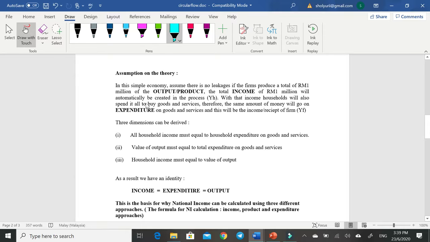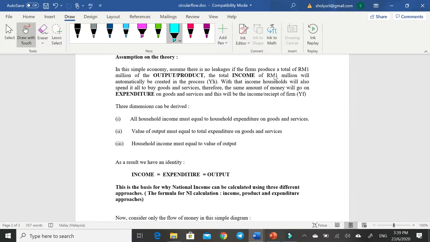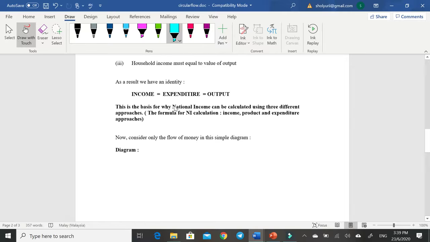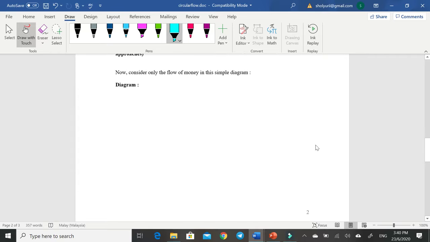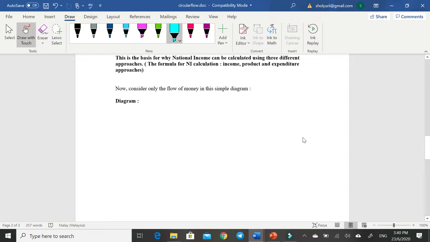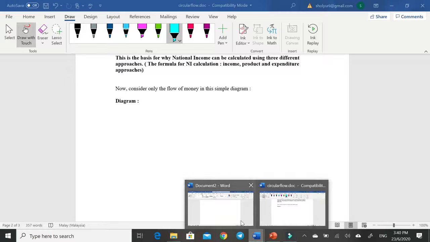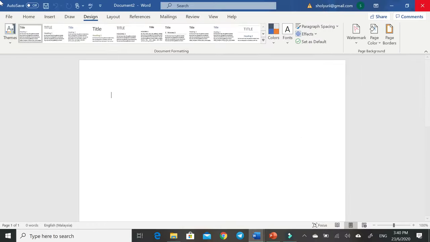Alright, so let's proceed. Assumption of the theory. In this simple economy, assume there is no leakage. If the firm produces a total of 1 million of output, okay, so this is where you should draw the diagram. Okay, it should be a very simple diagram. Sekejap ya.